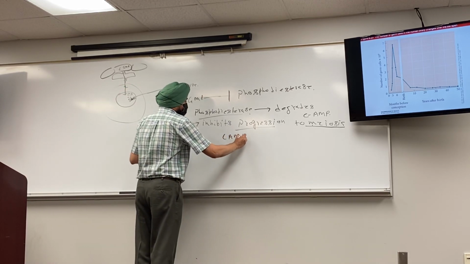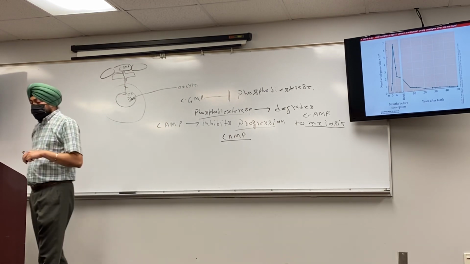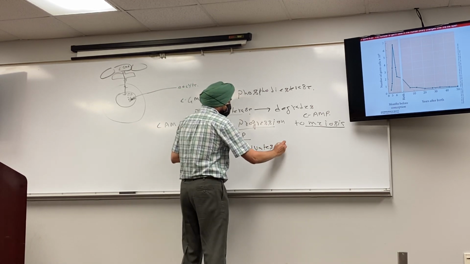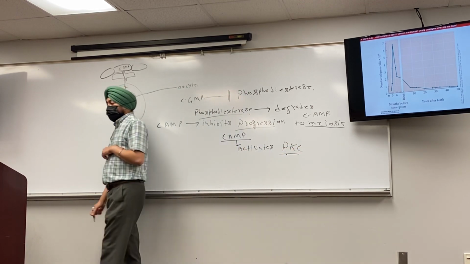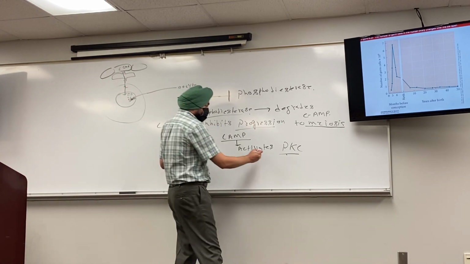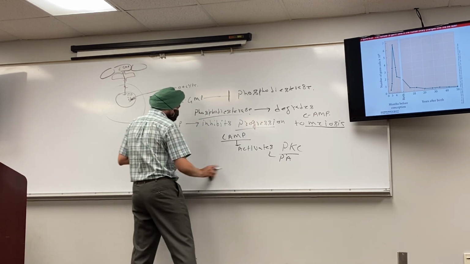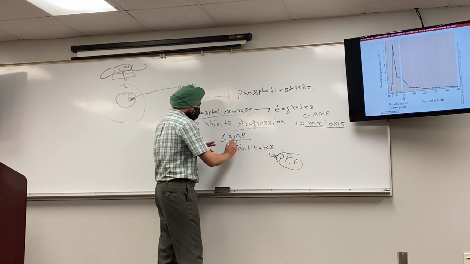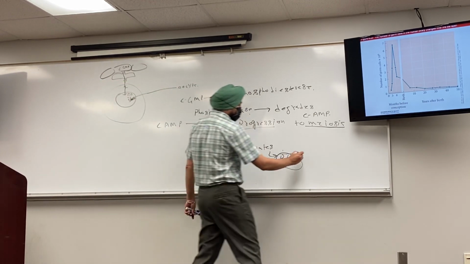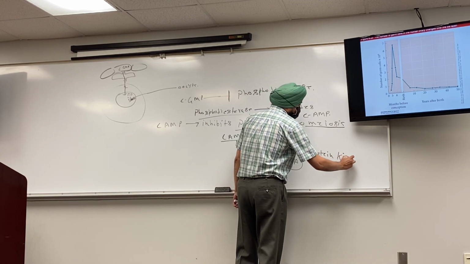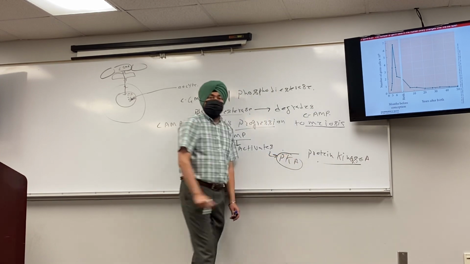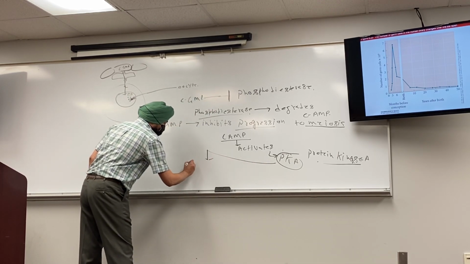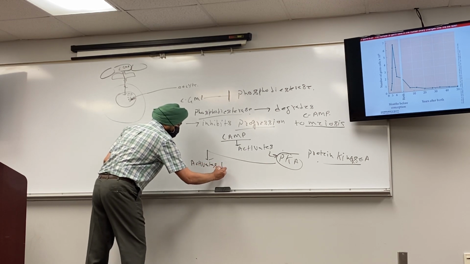So what does cyclic AMP actually do? If you remember from your cell signaling and cell biology, cyclic AMP essentially activates protein kinase C, PKC, and then it also activates PKA, protein kinase A. In this particular aspect we are more related to PKA, so forget about the other. When protein kinase A is active, it activates V1.